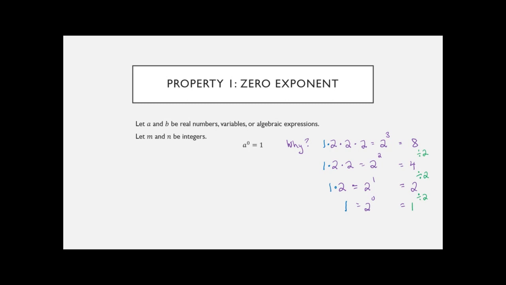Or following the pattern when you're actually looking at what it's equal to, and you see a pattern of dividing by 2 each time as you go down on an exponent. So then that means, okay, if I follow the pattern, this must be equal to 1. So this is a really important rule about how exponents work, and you can kind of figure it out just by looking at the logic and the patterns.